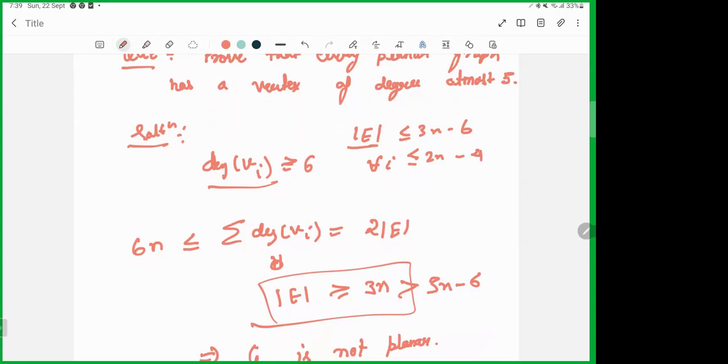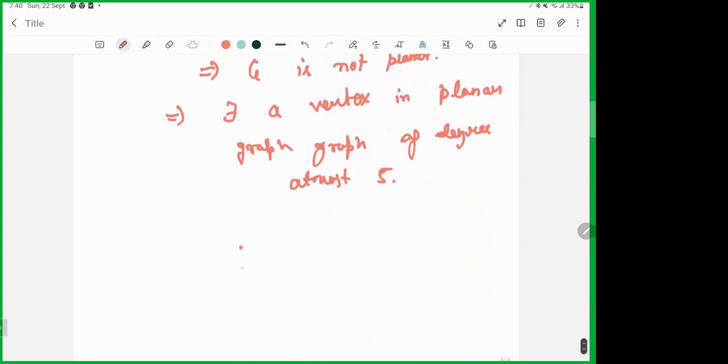So let's think together. The sum of the degrees of the vertices Vi is 2 times the cardinality of E, and this will hold for bipartite graphs as well. This should be less than 2n minus 4.